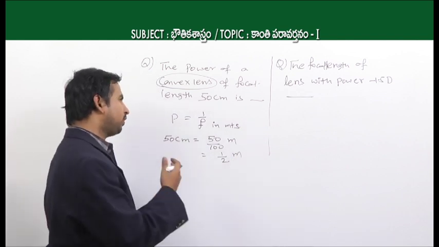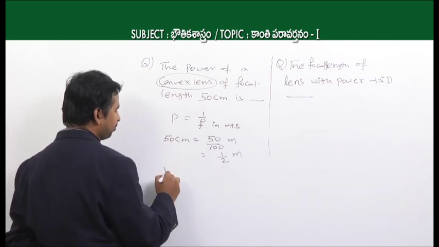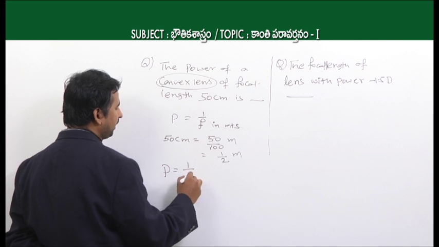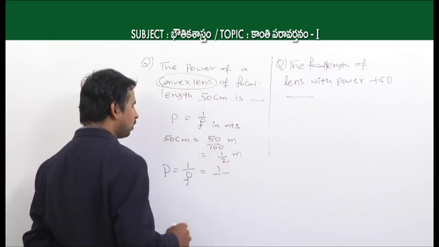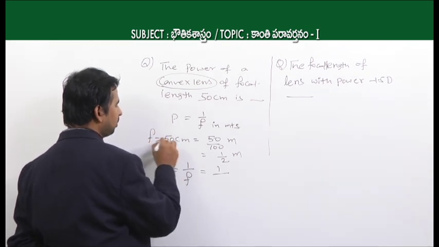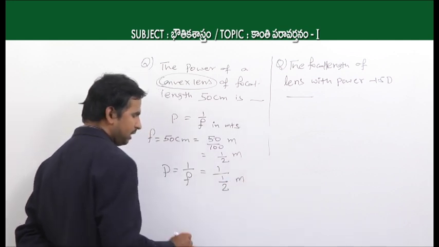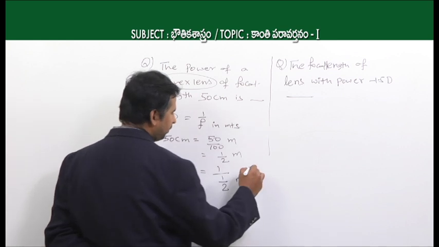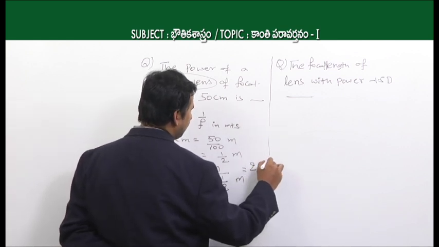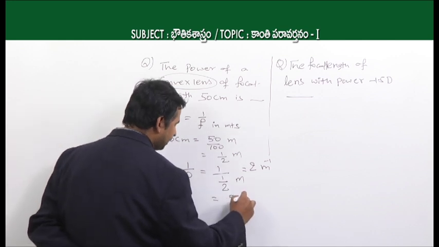As the focal length is in meters, the power of the lens becomes P is equal to 1 by F, which is 1 by 1 by 2 meters. Substituting, we get 2 meter inverse, and that meter inverse we call a diopter.